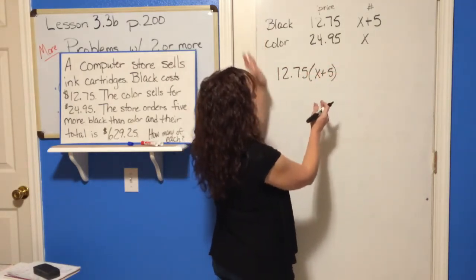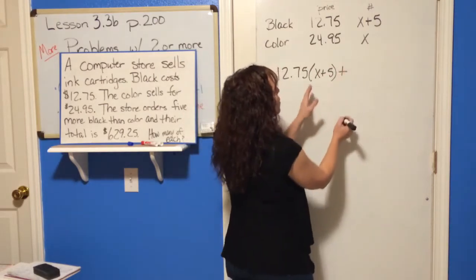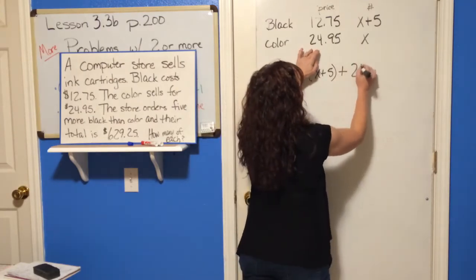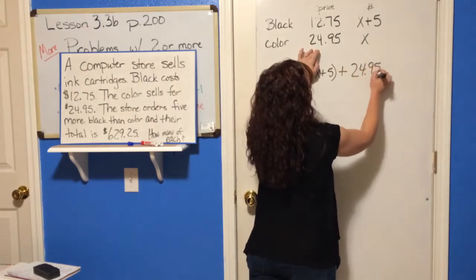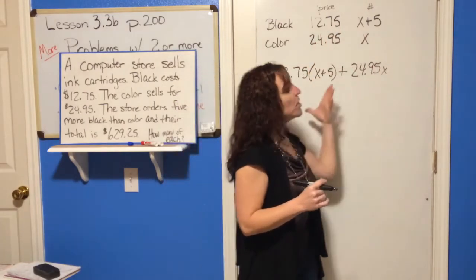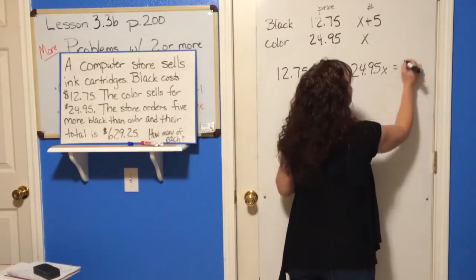That's the amount that we pay for the black cartridges. Now let's add that to the amount that we're going to spend on color cartridges, and that's the $24.95 times however many of those we order. If we add those two amounts together, we're going to get the $629.25.